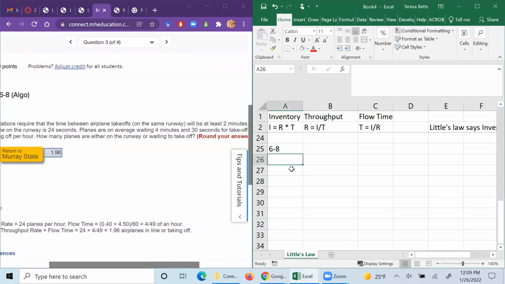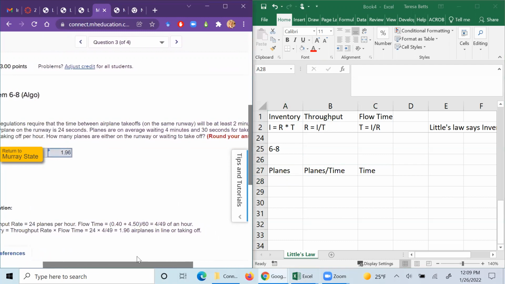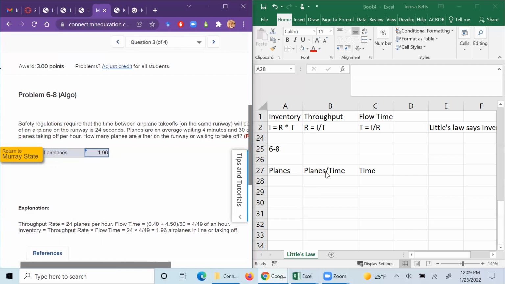Okay, so we're talking about planes per time, and time. So it's telling us we want to calculate how many actual planes. Planes on average are waiting 4 minutes and 30 seconds for takeoff. Okay, and on average, there are 24 planes taking off per hour.